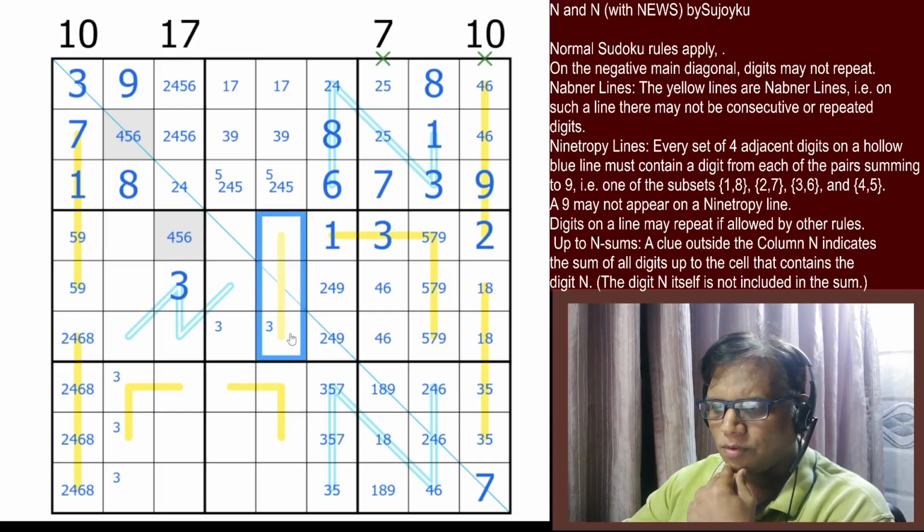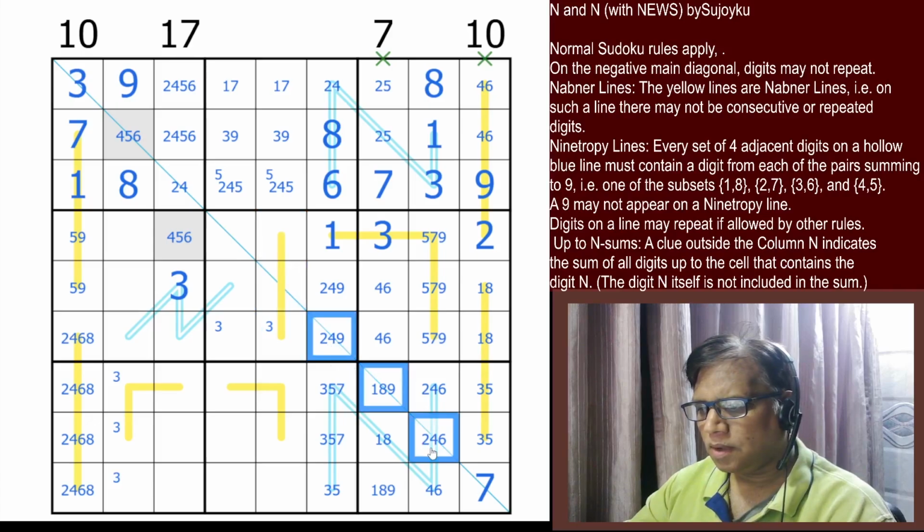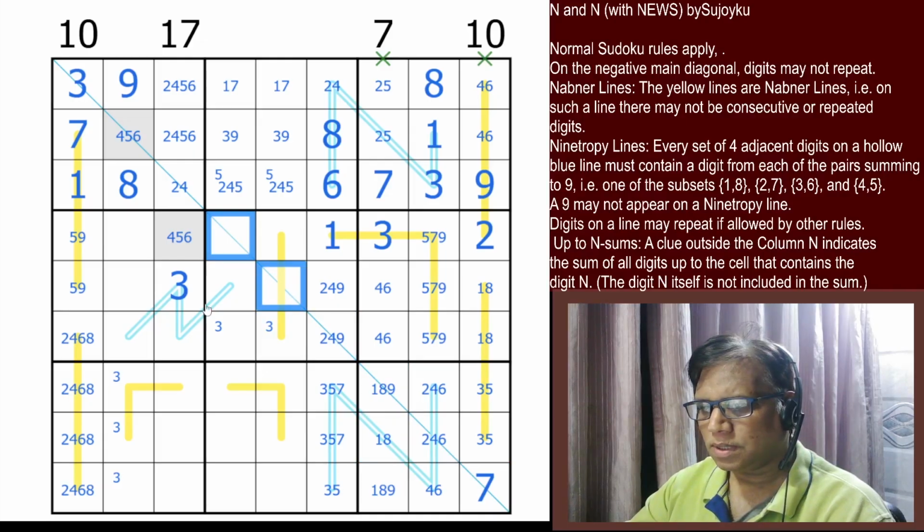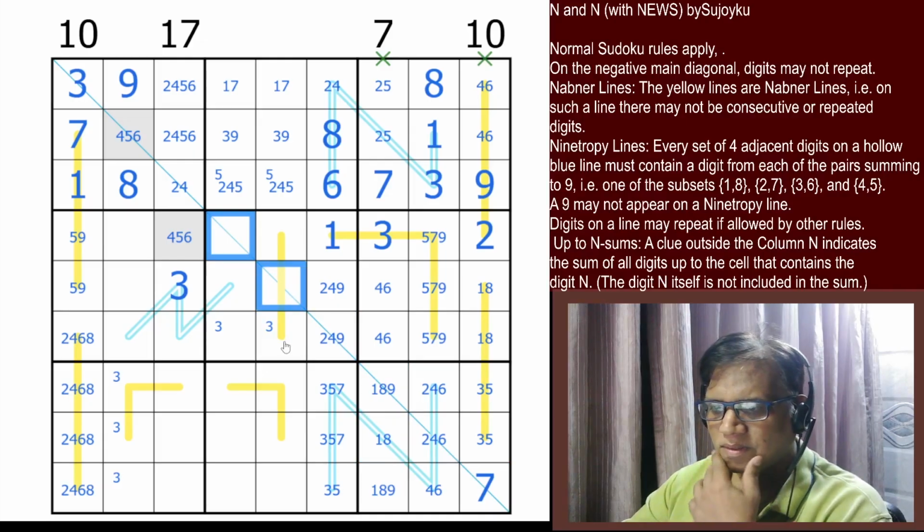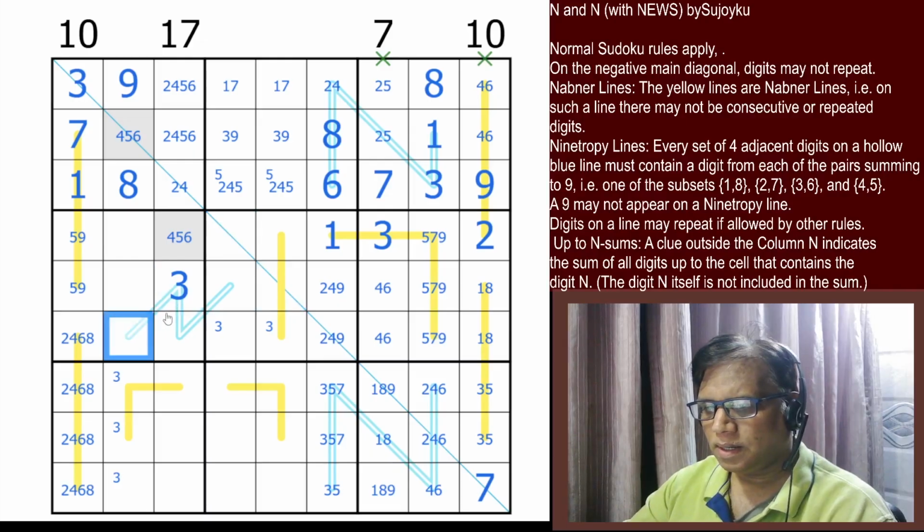Now what is remaining? Only this one. Maybe diagonal is not taking it. Yeah, so I was just thinking where is 7 in this block. It is not here, but it could be anywhere else. 3 clearly tells us that there is no 6 on this line. That's all it is telling us, nothing else.